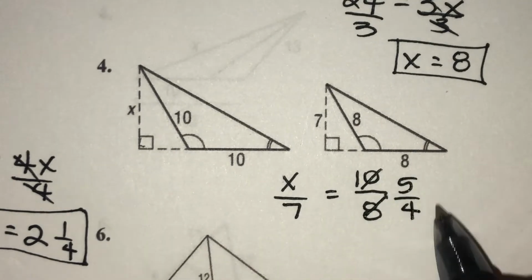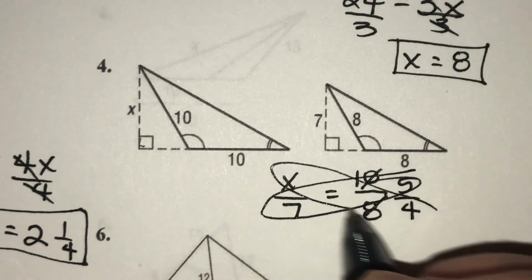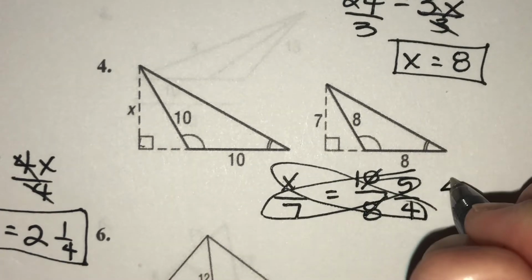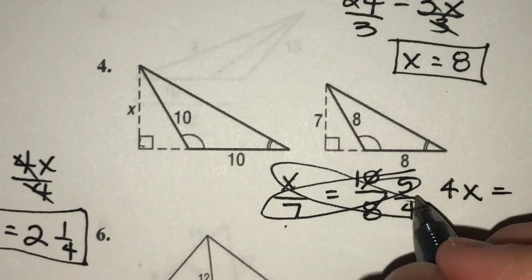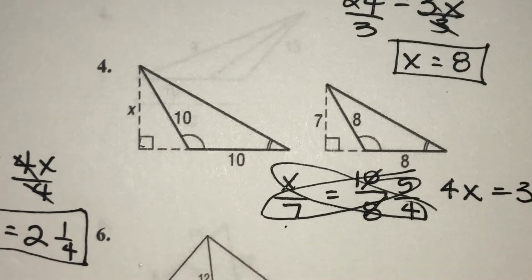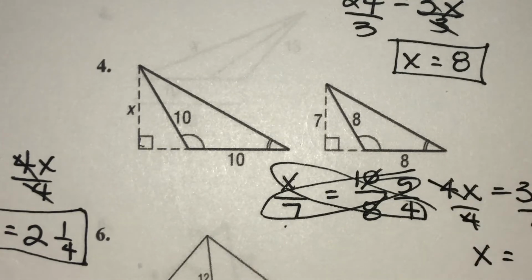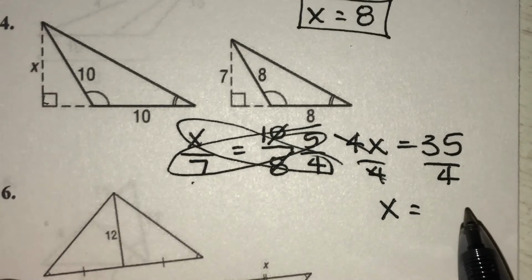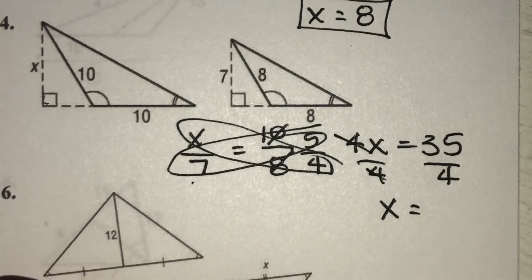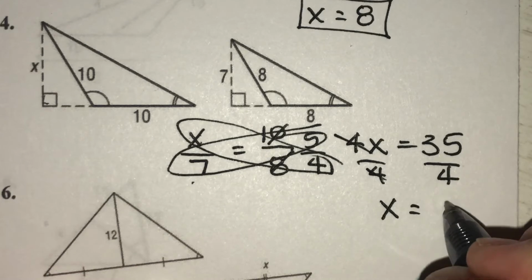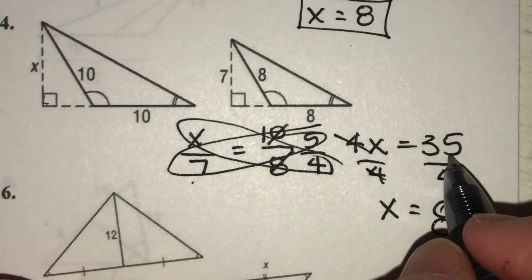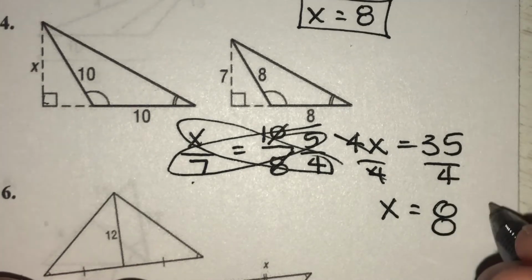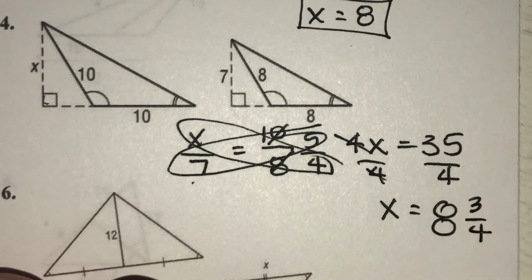So then when I cross multiply, x times 4 is 4x. 7 times 5 is 35. And I get x equals... 4 goes into 35. Not evenly, but 4 goes into 32 evenly. That's 8. And 35 minus 32 gives us a remainder of 3. So 8 3/4 for that one.